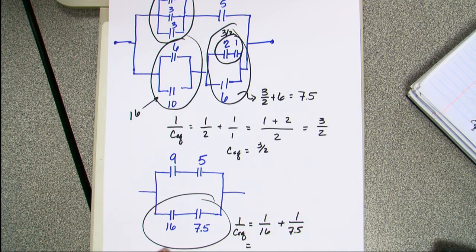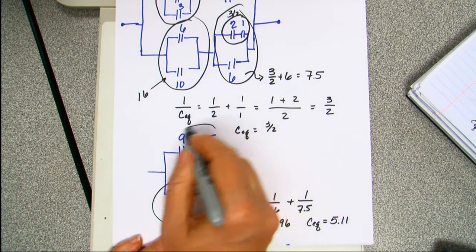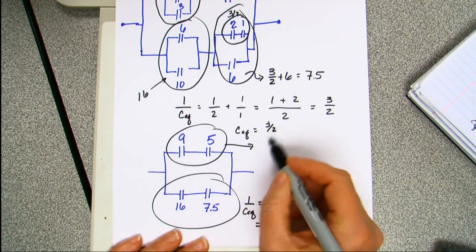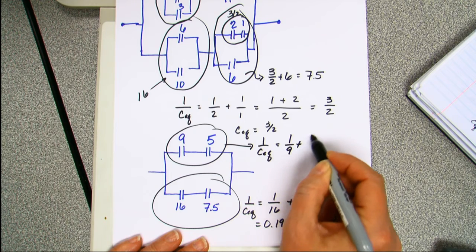And you can choose to do it, punch it into the calculator, which is what I'm going to do this time, just to do it a little different. This gives me a number of 0.196. So CEQ is equal to 5.11. We can do this one. This one is 1 over CEQ is equal to 1 over 9 plus 1 over 5.